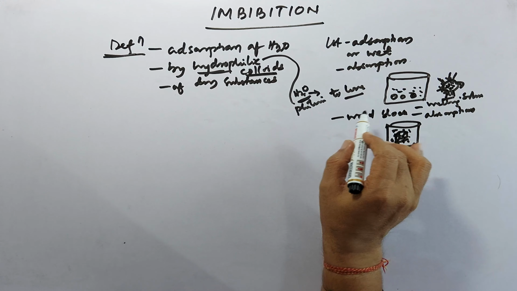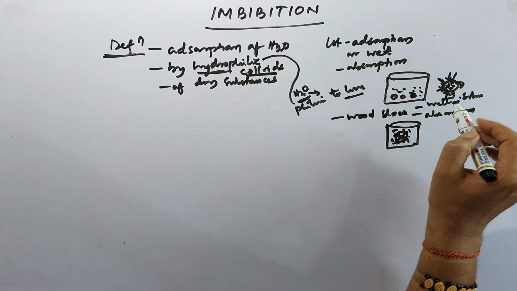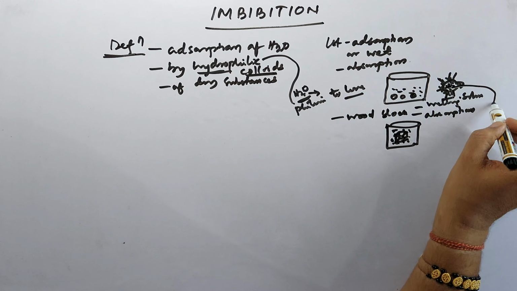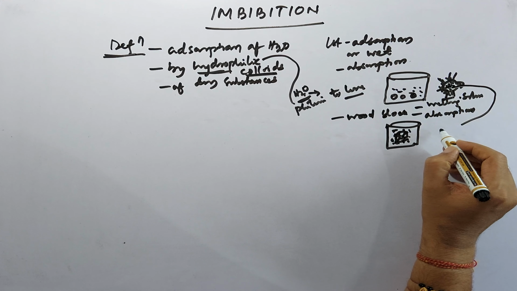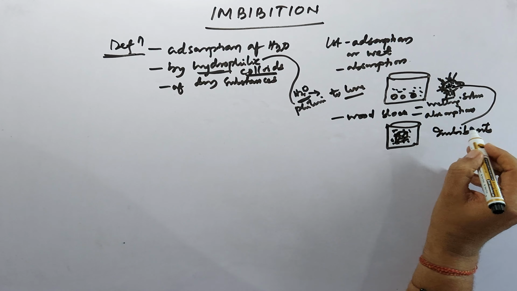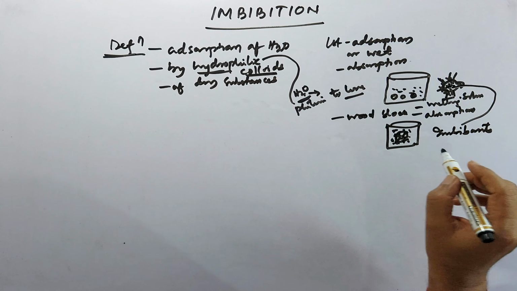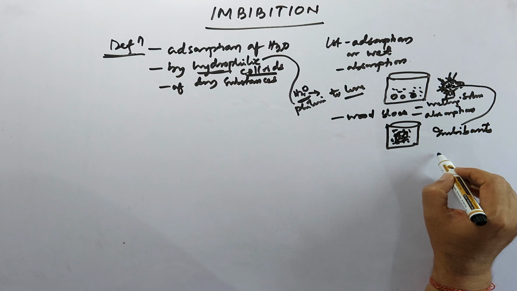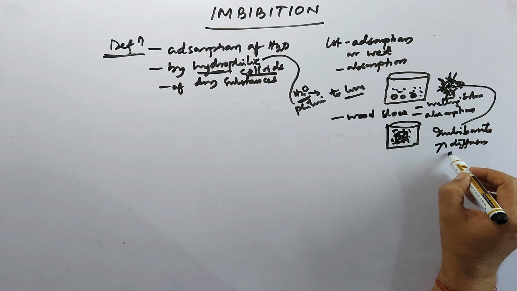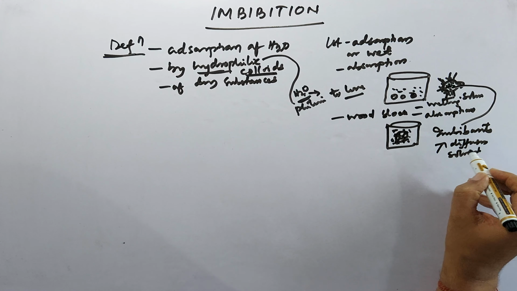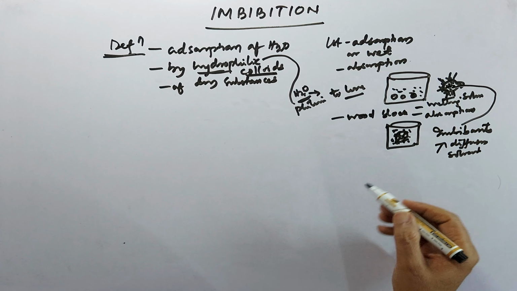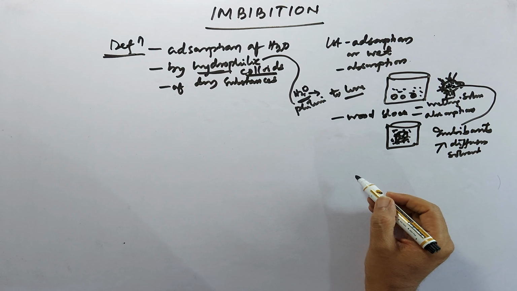The substance which imbibes is called the imbibant, that means the substance to which this special type of diffusion of solvent occurs.